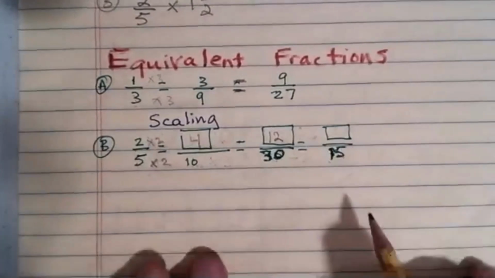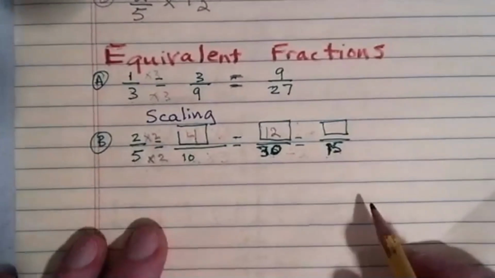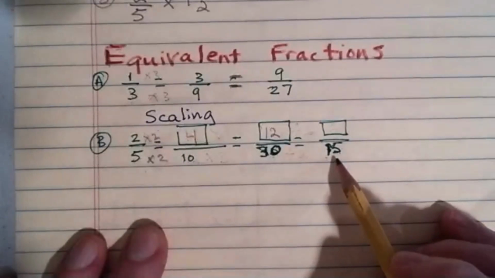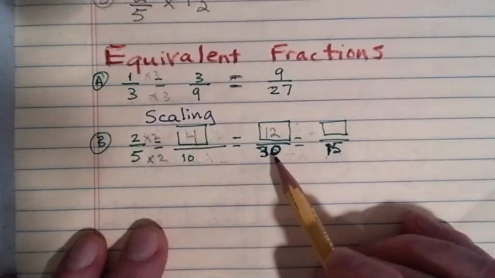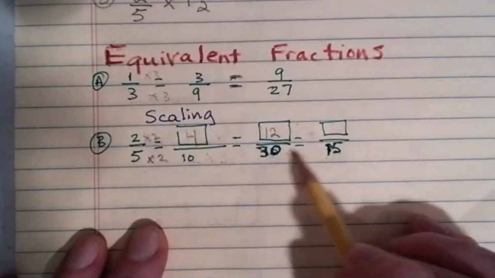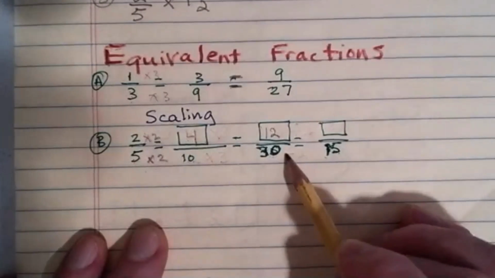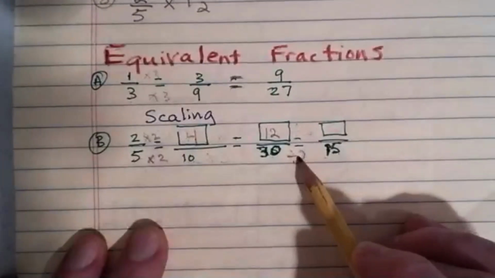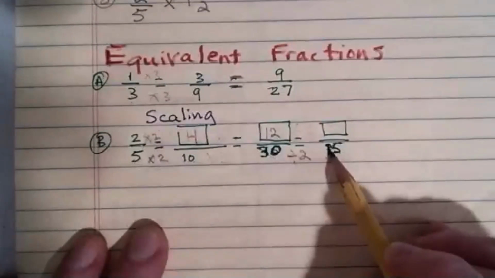Now, the next one, I'm scaling here still. This is called scaling. I got 12 over 30 equals something over 15. Uh-oh, the 30 went down. It became 15. How did 30 get cut in half? I divided it by 2. I must have divided 30 by 2 to get it to be 15.